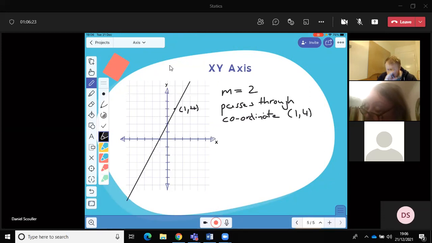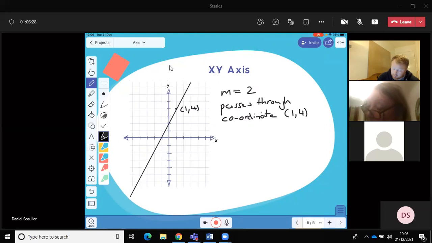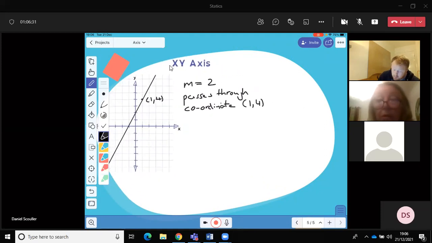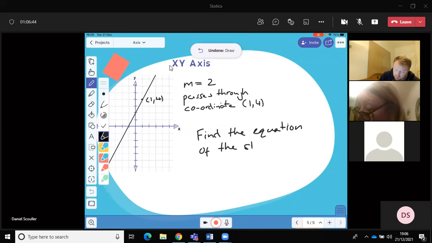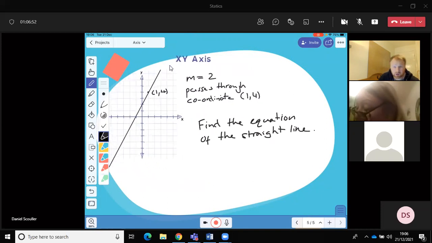You don't need to draw that out. The question will be: find the equation of the straight line. So we'll give you the gradient and one coordinate. That's all it will give you.